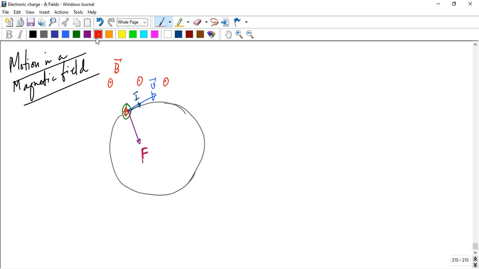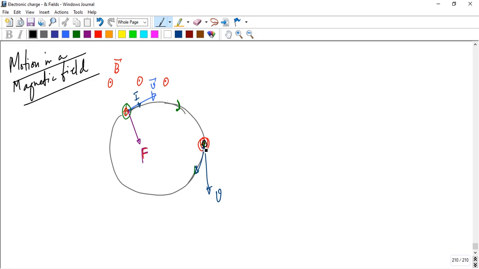Now when the positive charge moves here, there is a direction of rotation. The current is in that direction, the velocity is tangential, and the magnetic field is towards me, represented by the dot.